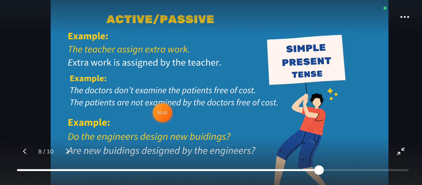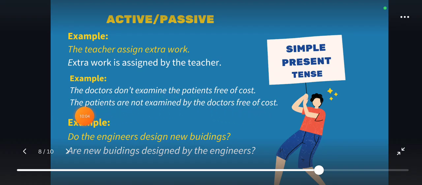And the third form of examine is examined, written after that, then add preposition by, and then the doctors, this will come later in the end, and the rest of the statement will be written later. Okay, the remaining phrases after the object are written in the end. Okay, so free of cost will be written in the end.